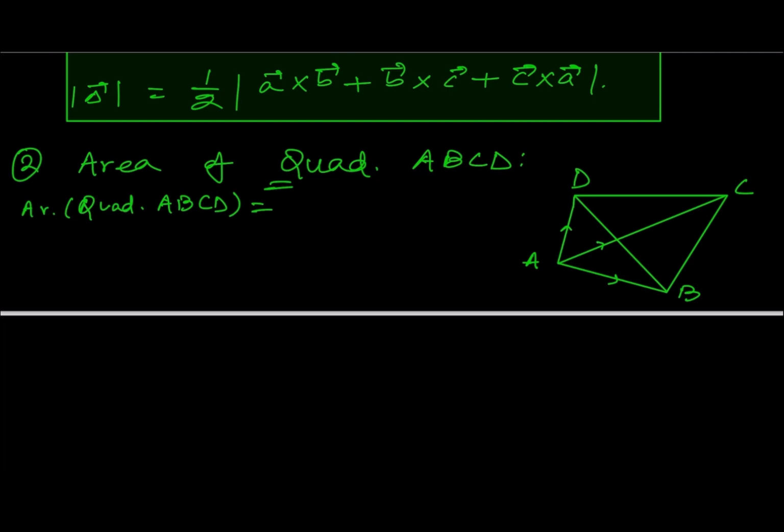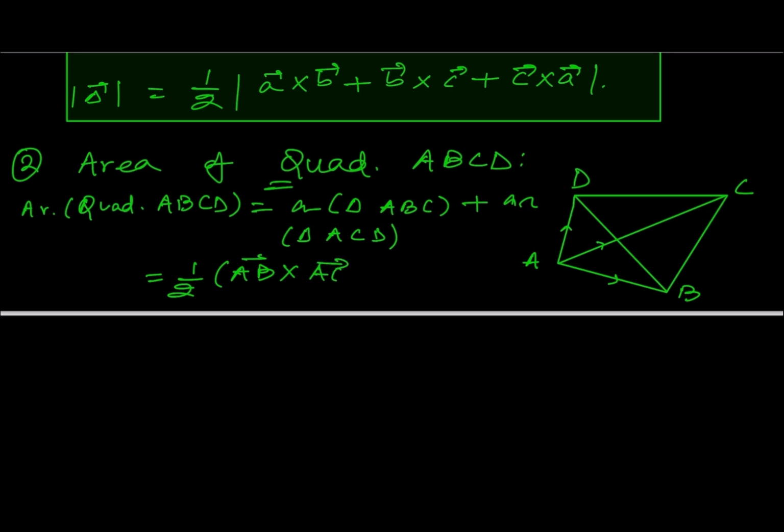So area of triangle ABC plus area of triangle ACD, which is half AB cross AC, right, plus half AC cross AD.